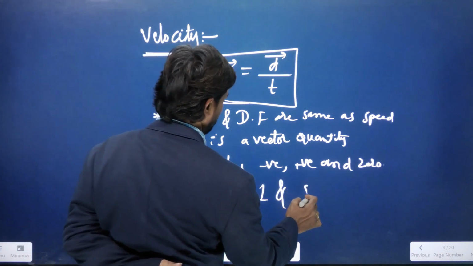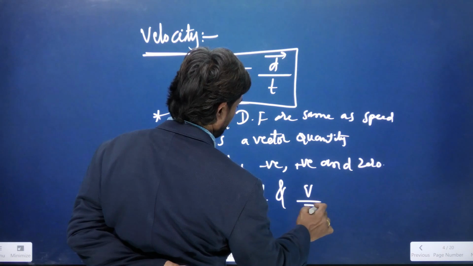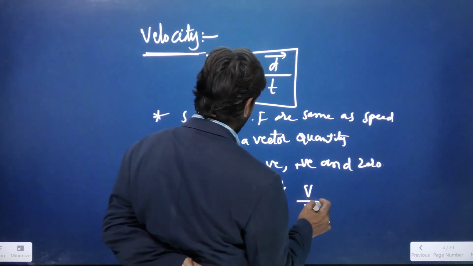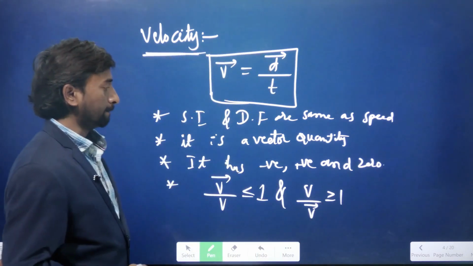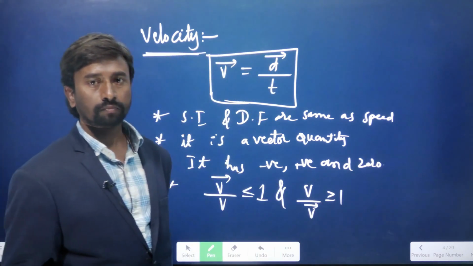And if you take the ratio of speed to the velocity, that will be greater than or equal to 1. Okay. This is about the speed and the velocity.